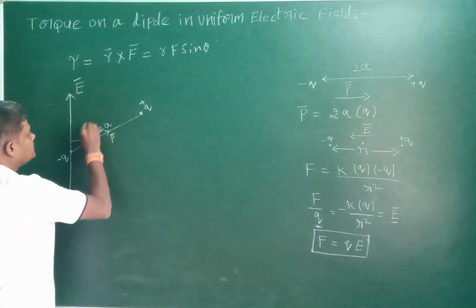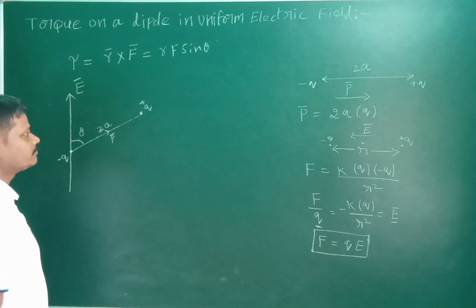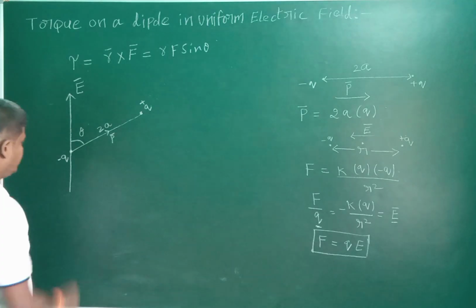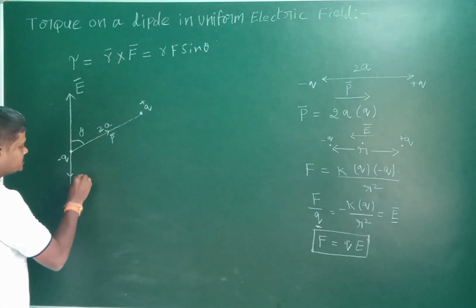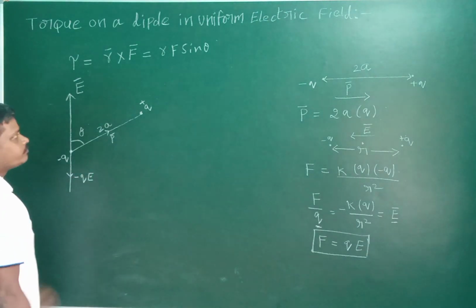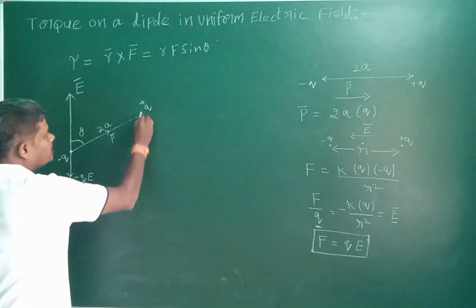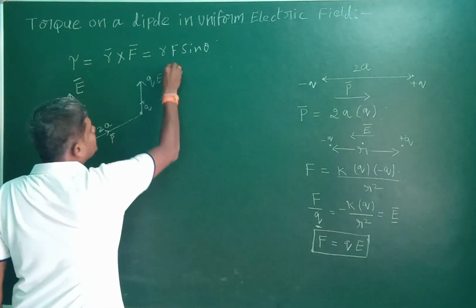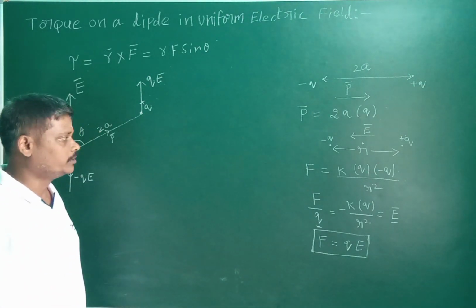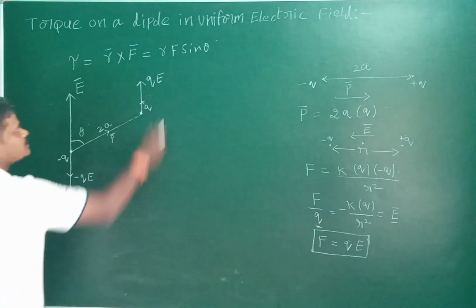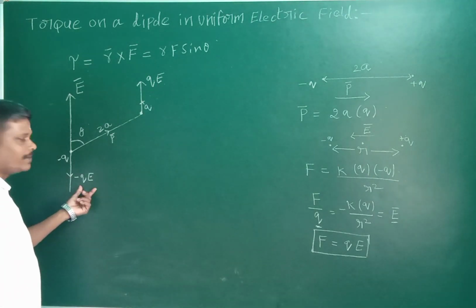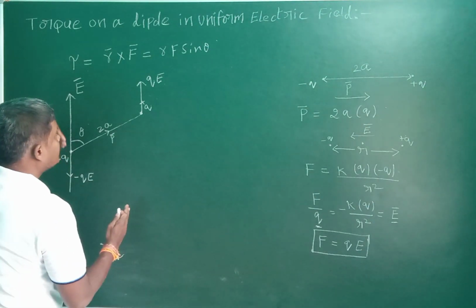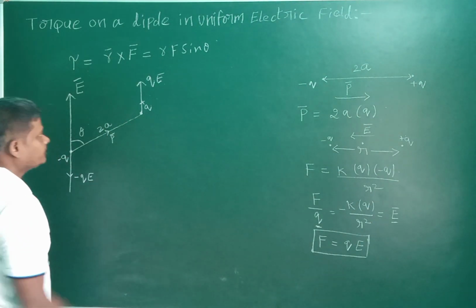This is angle theta. Now from this we can write the force acting on the negative charge as minus qE, and the force acting on the positive charge as plus qE. Considering only the magnitude, they are qE each. Magnitudes are equal, but they are opposite in direction.